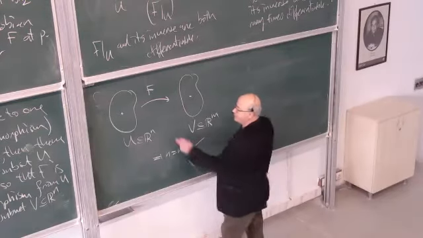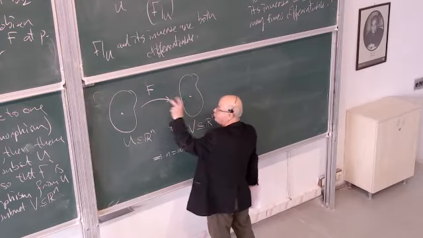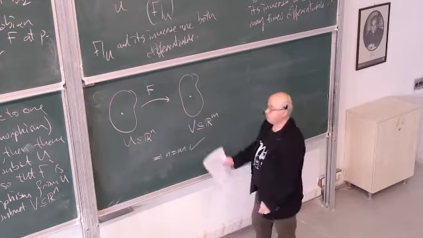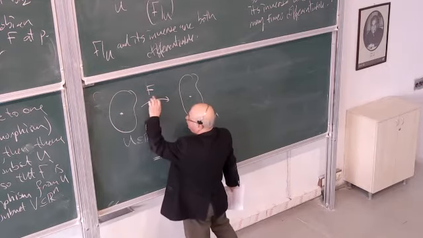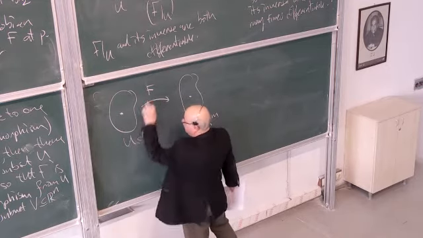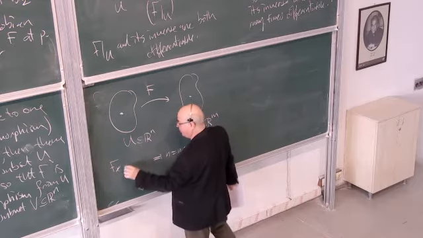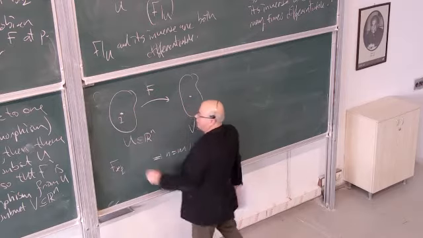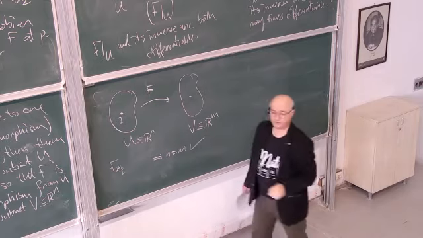Your friend asks the following: if this is a homeomorphism and if this is a smooth map, then it means, well, of course, I assume that F star must be invertible at the point P. Then by the inverse function theorem, F is a local homeomorphism.